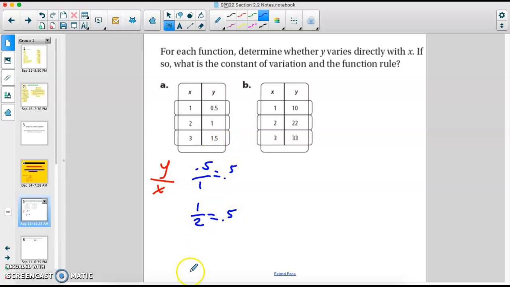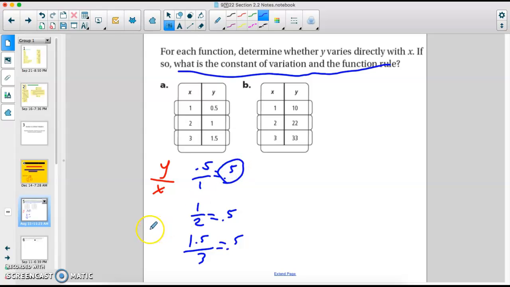And then our last one, 1.5 divided by 3, and that is also, if you get your calculator out, 0.5. And so it asks, if so, what is the constant of variation and the function rule? Our constant of variation would be 1/2, and then our function rule would be y equals 1/2 x, or 0.5x.